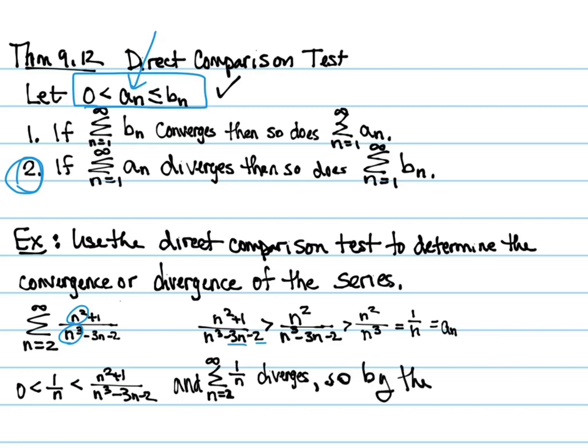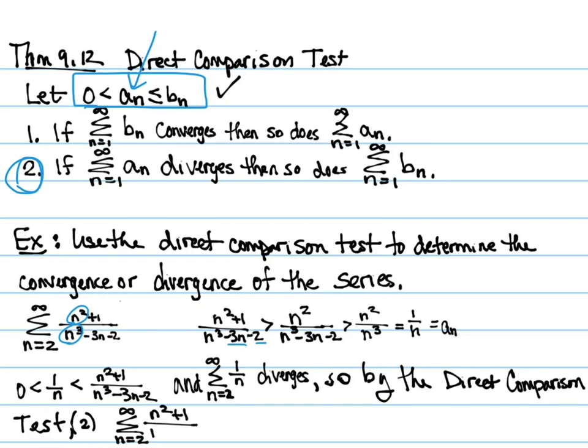So by the direct comparison test, and if you want, you can specify this is the part 2 of that. You don't have to, but it is the part 2. The summation from n equal 2 to infinity of n squared plus 1 over n cubed minus 3n minus 2 also diverges.